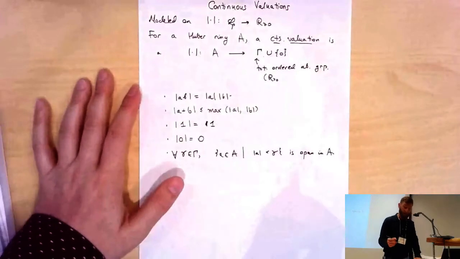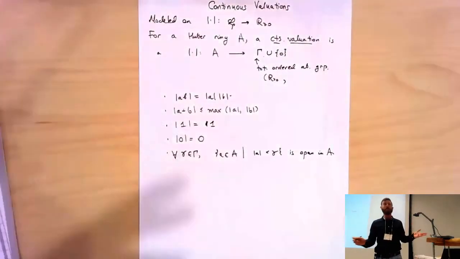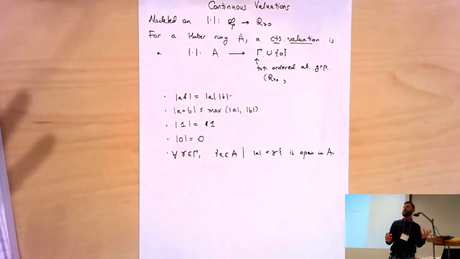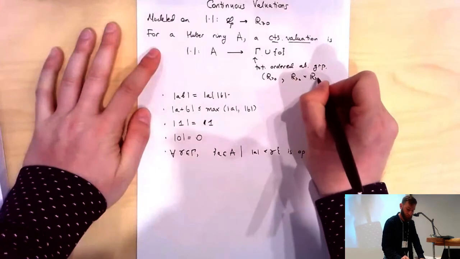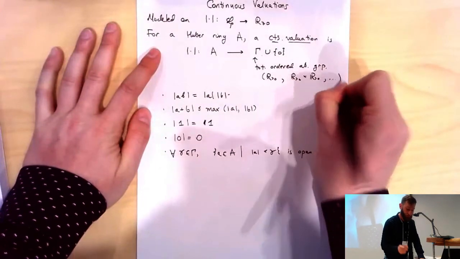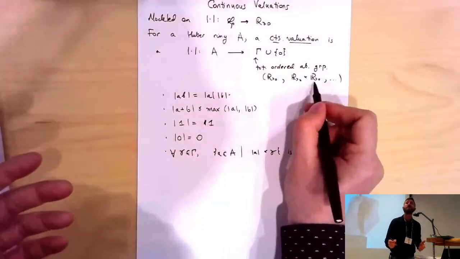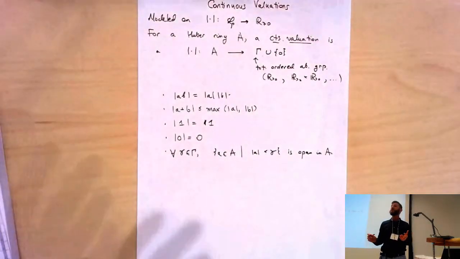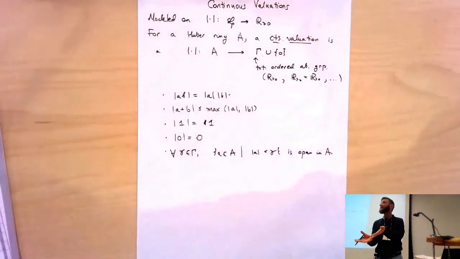So what's another example of a totally ordered abelian group? Well, there's any subgroup of that, but that's not too different. Something truly different might be a product of two of these guys. Of course, there's many things you can do along those lines. This is really truly different. How do you order this? You use the lexicographical ordering. You first look at the first term, compare those. If those are equal, then you look at the second term.